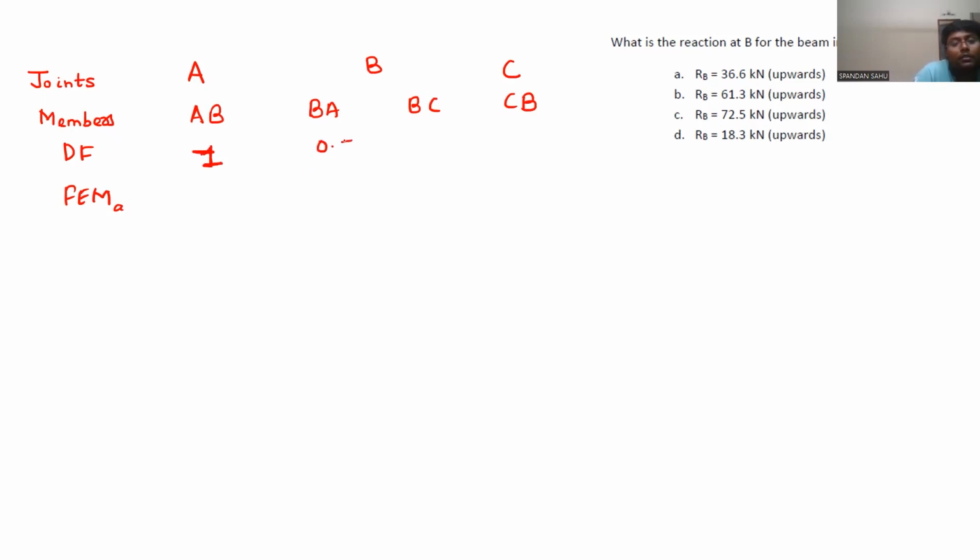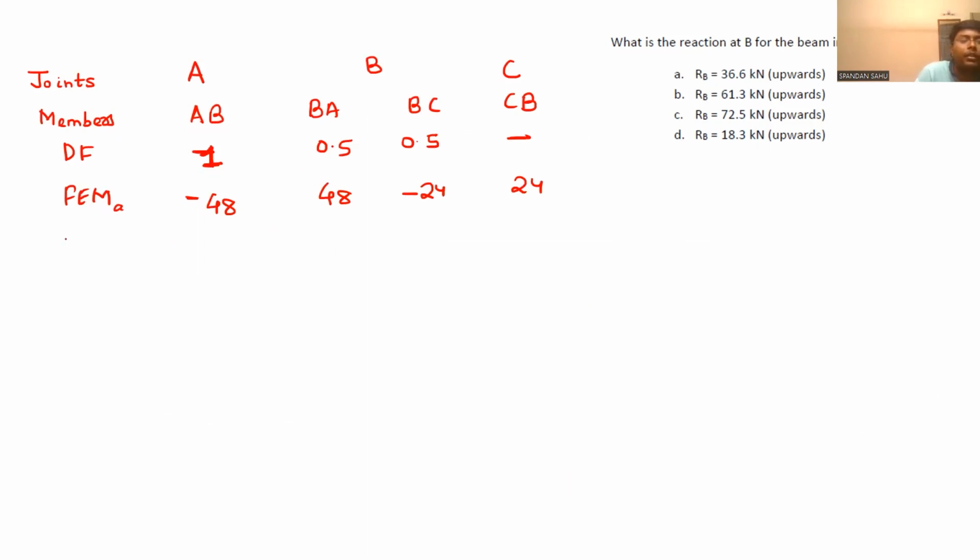BA is 0.5, BC is 0.5, and C is not defined. Fixed end moments: minus 48, plus 48, minus 24, plus 24.